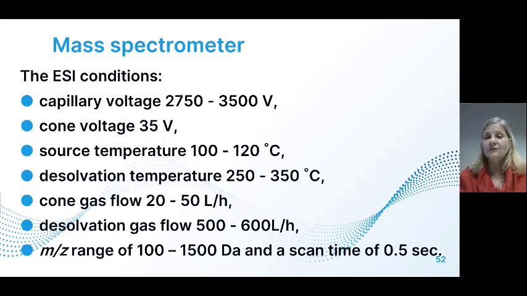It would now be between 100 and 1,500 Dalton, and a scan time of 0.5 seconds. This is just to give you an idea of what the conditions would be for your MS.